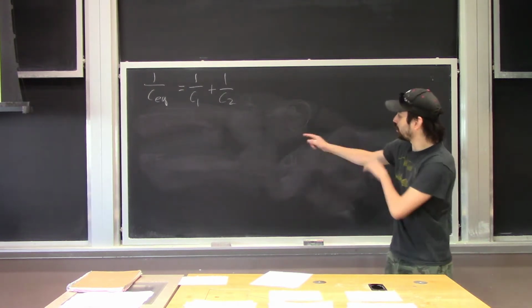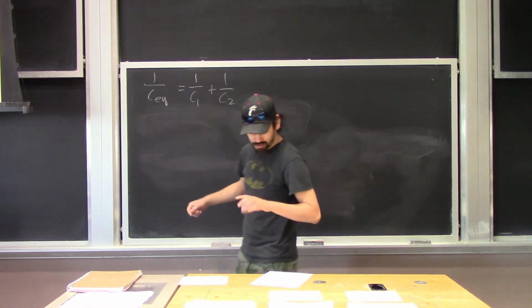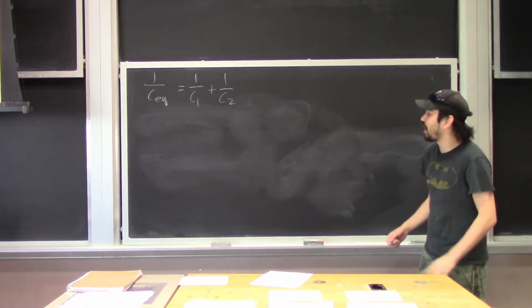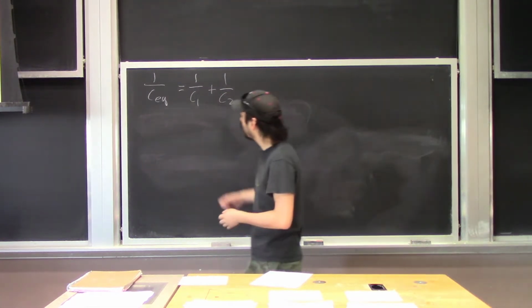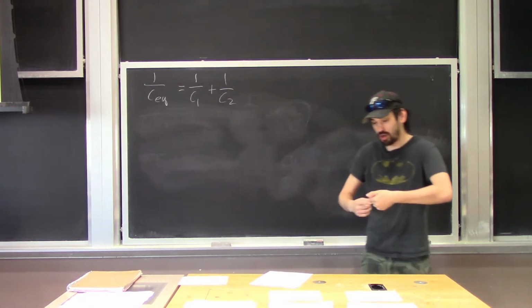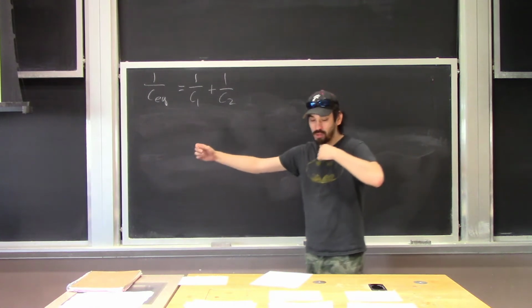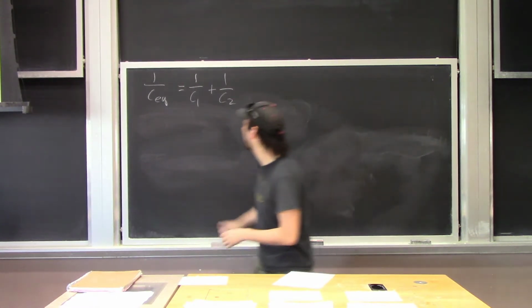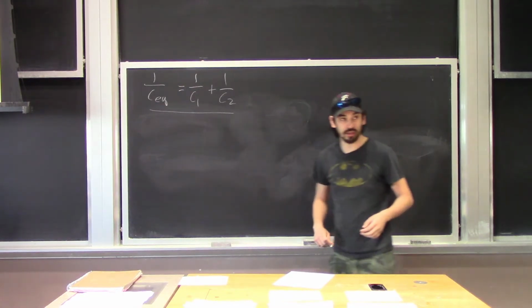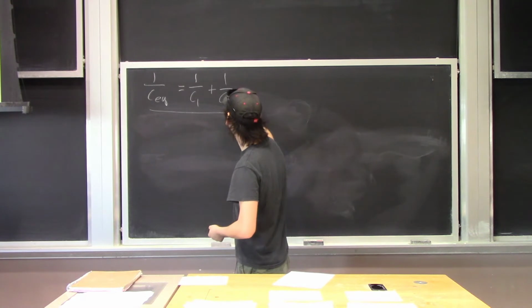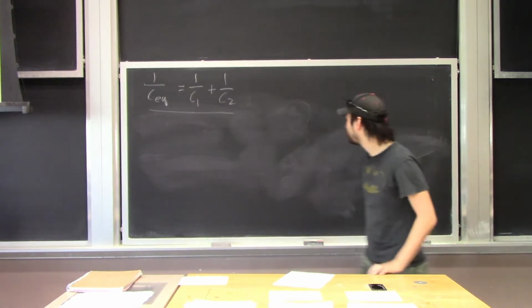What I wanted you to do was to go about this two ways. One is to find the capacitance just by calculating the difference in electric potential from the outside of the inner shell to the inside of the outermost shell. And then to apply this equation to show that you end up getting the same thing. And that's really, like I said, to get at proving that this equation is true.